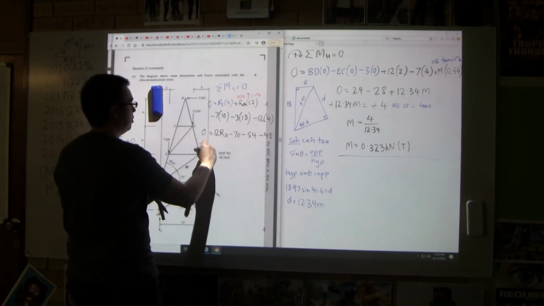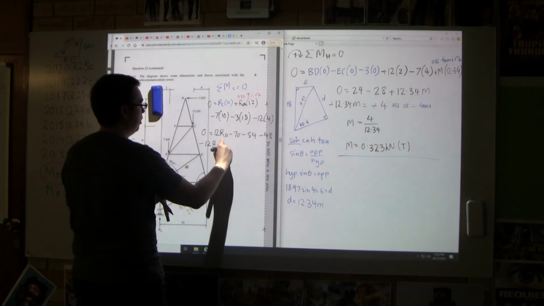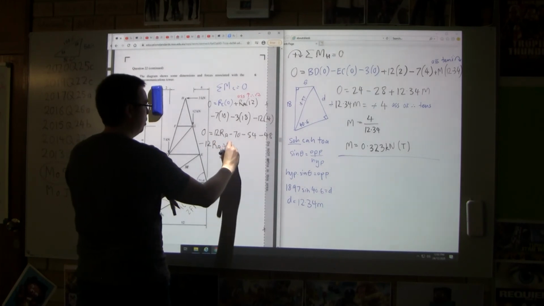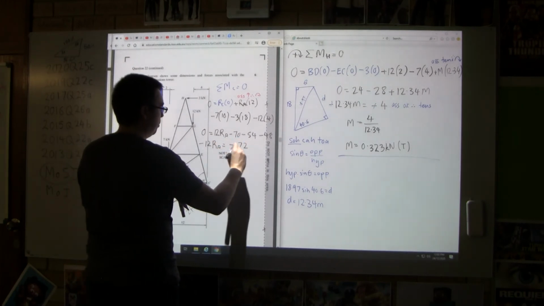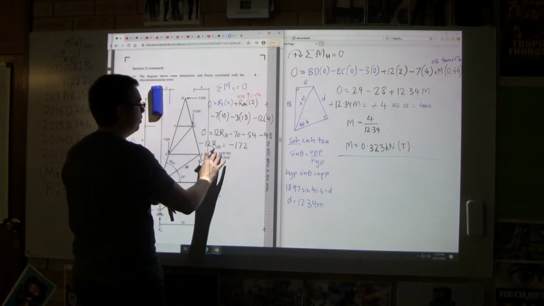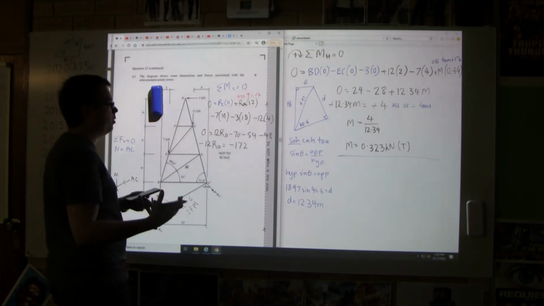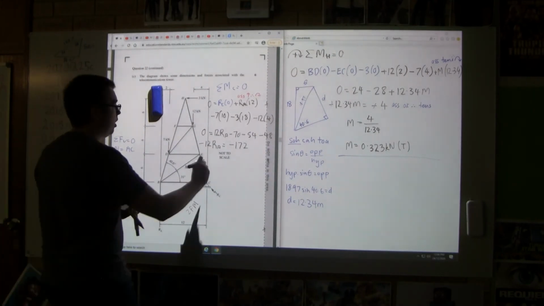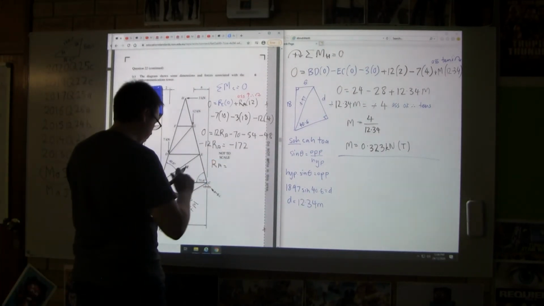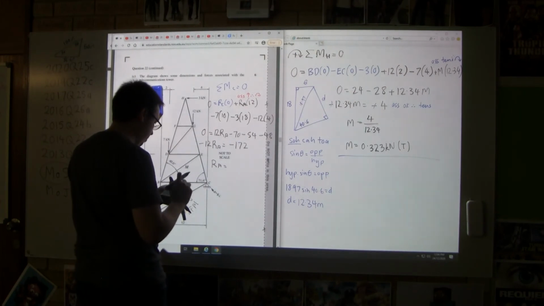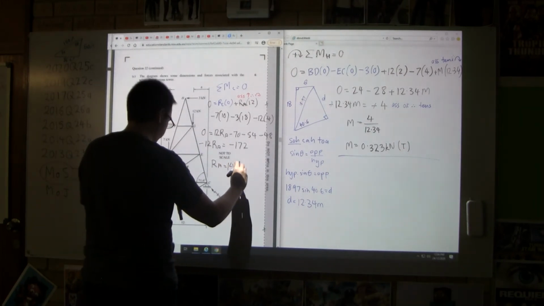I'm going to say minus 12 RA, I've moved that over to the other side, is going to equal minus 172. So if I could buy 12 rabbits for 170 bucks, well, each rabbit's going to be more than $10. So RA is going to equal, divided by 12, equals $14 per rabbit.